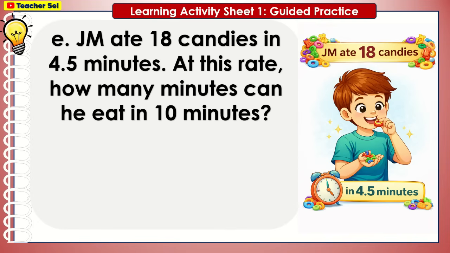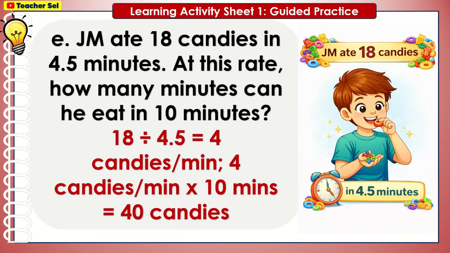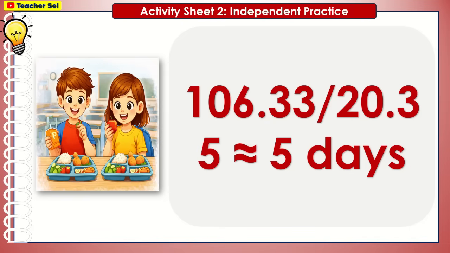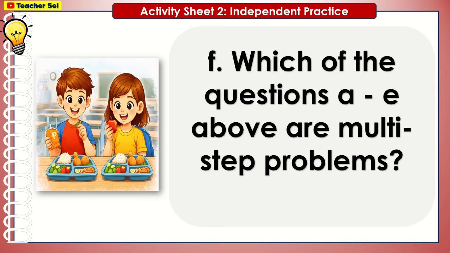JM ate 18 candies in 4.5 minutes. At this rate, how many candies can he eat in 10 minutes? 106.33 divided by 20.3 is approximately 5 days. Which of the questions A to E above are multi-step problems? A, C, D, and E.